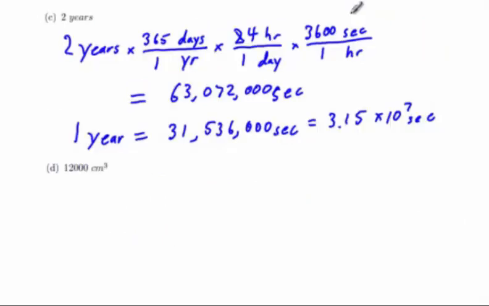The next one asks us to convert 12,000 cubic centimeters into the appropriate MKS unit, and cubic centimeters will become cubic meters. Now, based upon what we understand so far, we're tempted to decide that we need to eliminate the unit centimeter in favor of the unit meter, and we recognize that 100 centimeters is exactly the same amount as 1 meter.